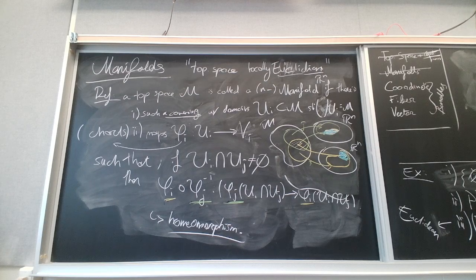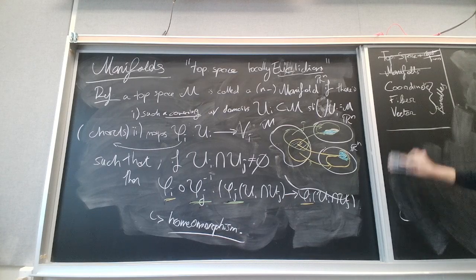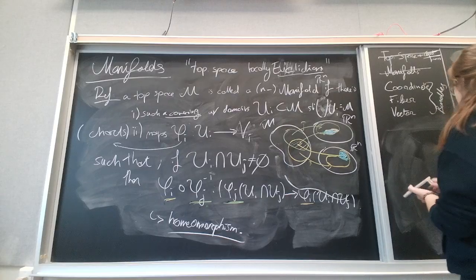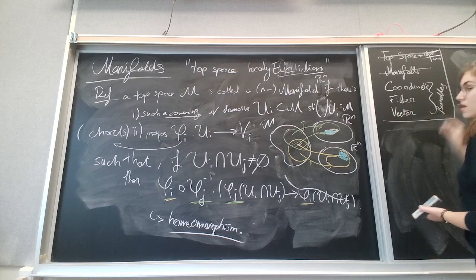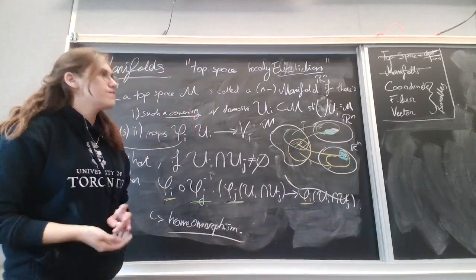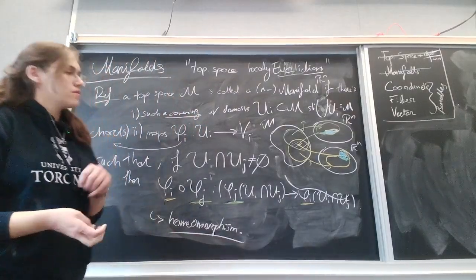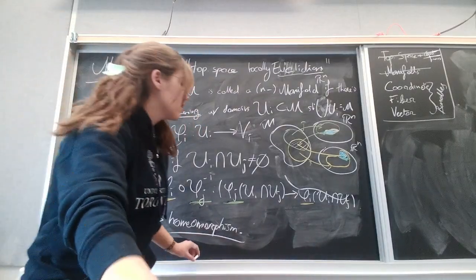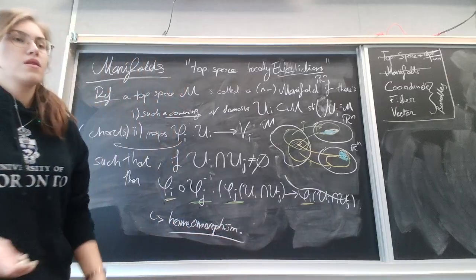So the Ui have to be open sets in the topology, but those need not be all the open sets. I shouldn't necessarily have every open set have a chart associated to it. I should just be able to cover it with some open sets.